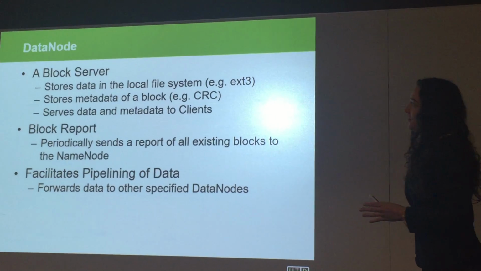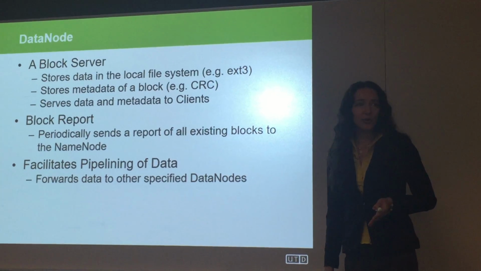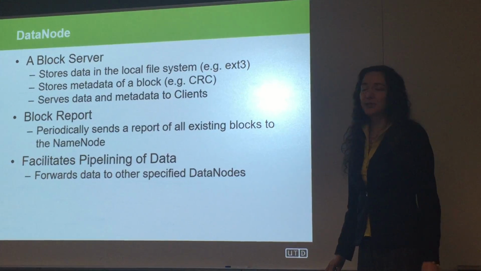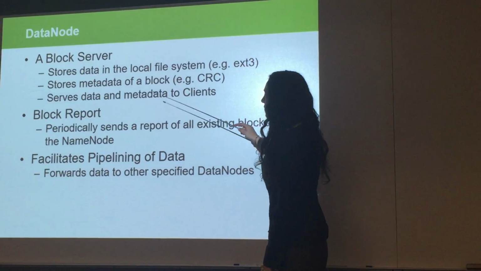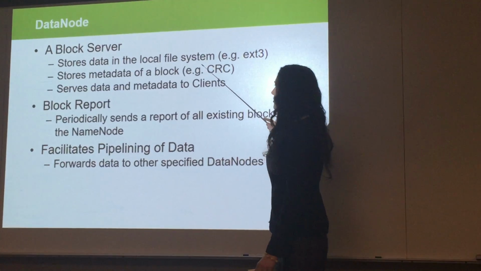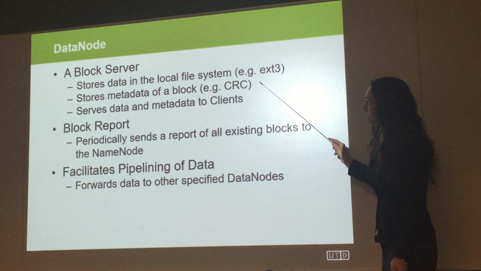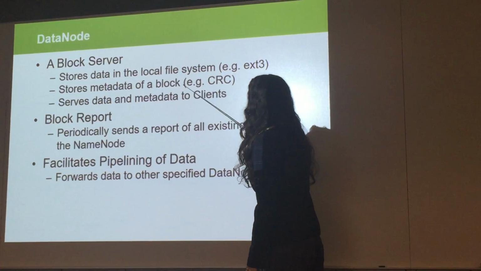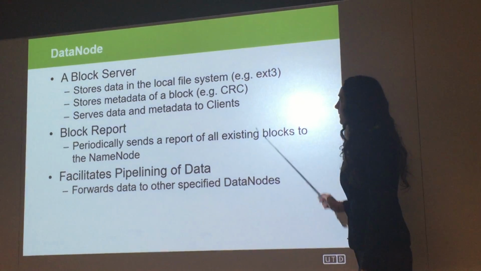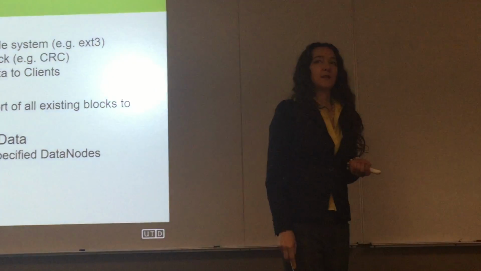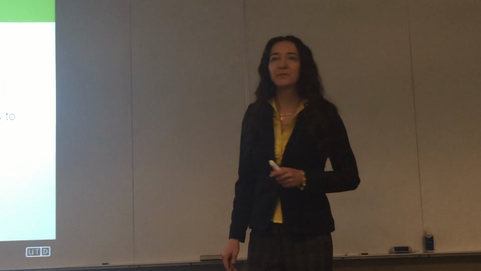The rest of the nodes are called data nodes, and they just store the data. So they contain blocks of particular files. A data node is called a block server, and it stores data on its local file system and the information about the block. And then the clients will connect to the DataNode to obtain the data from them.